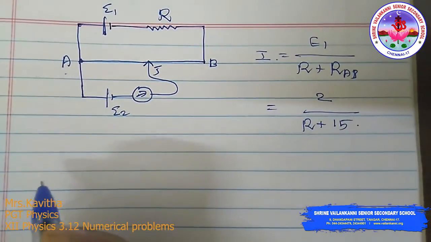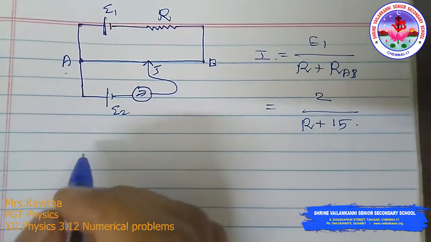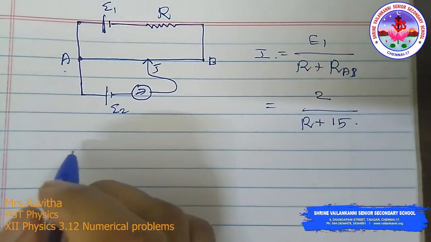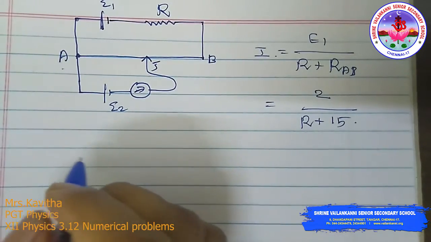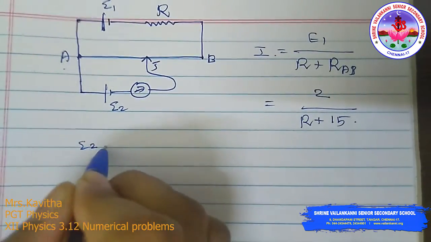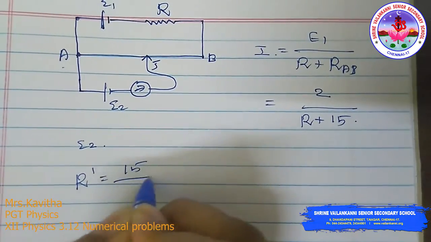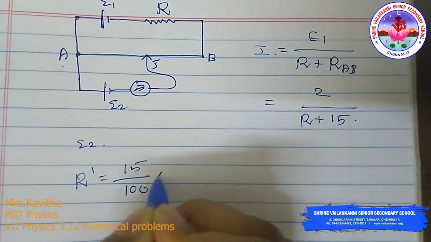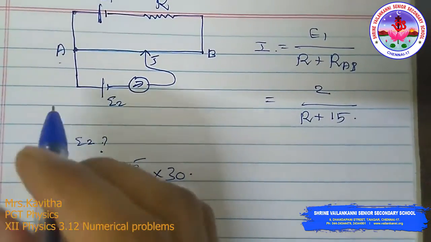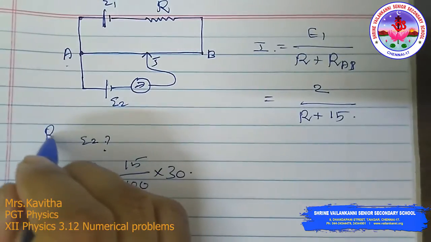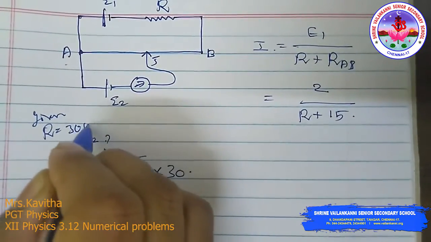Now the resistance of the 30 centimeter length of wire which balances the EMF of E2. That means the new resistance R dash is equal to 15 by 100 into 30, we have to take it, because the resistance that balances E2 is the given length of 30 centimeter.